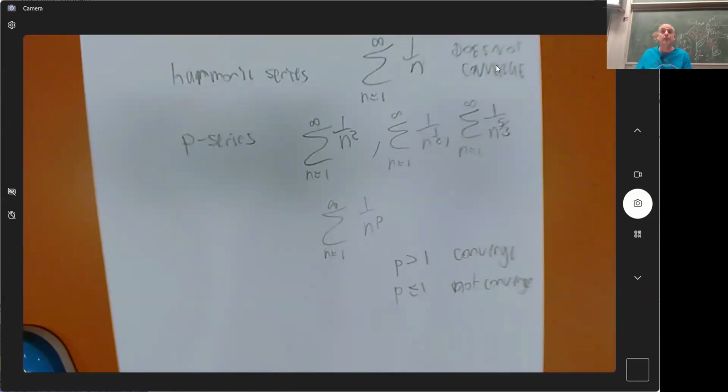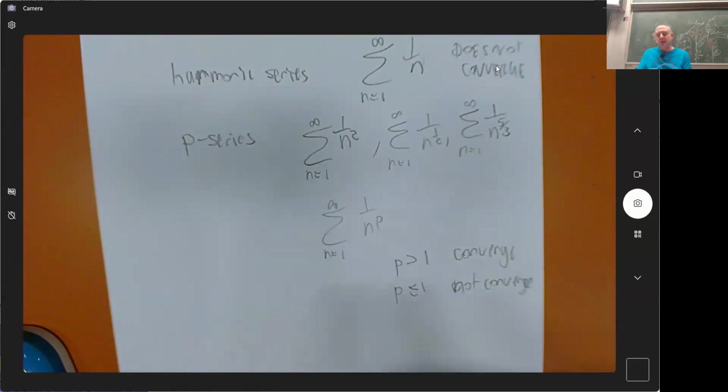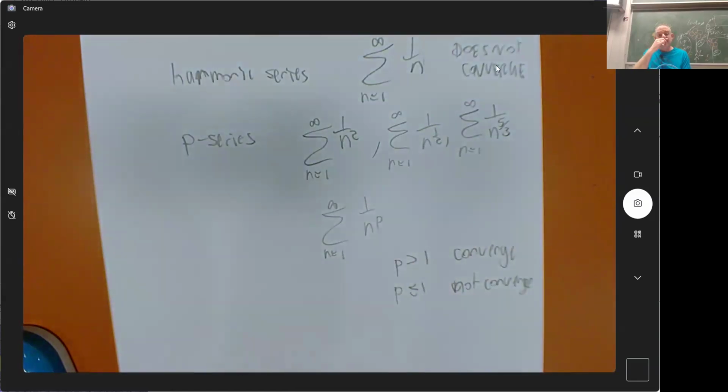So it's useful. And this, in fact, they don't tell you this, but it does apply for anything that has a polynomial on the bottom. And even something that has a polynomial on the top and on the bottom, as long as the highest exponent on the bottom is at least 1 more than the highest exponent on the top, then it will converge.